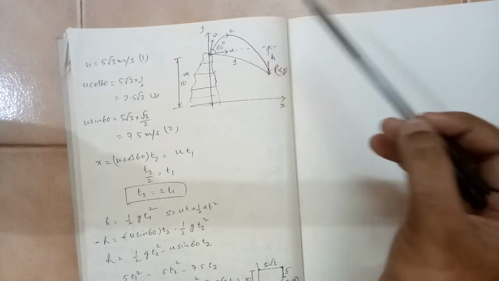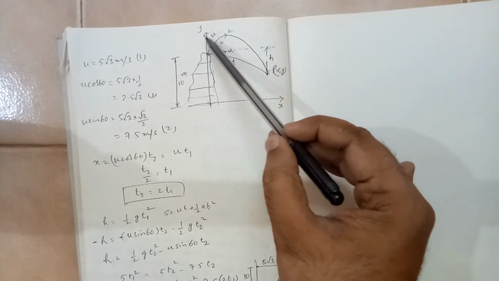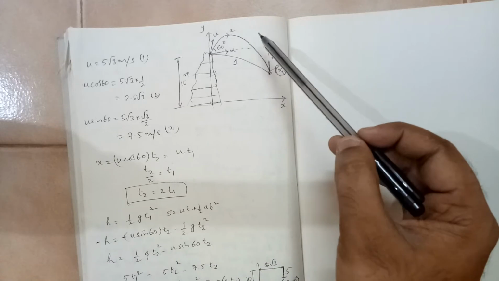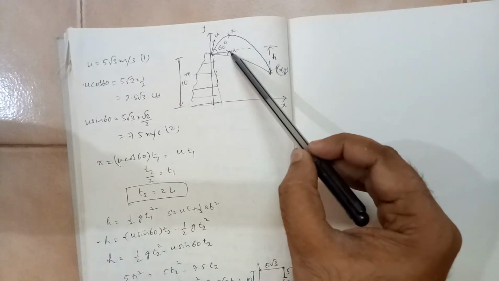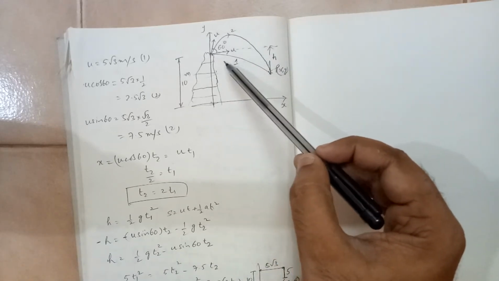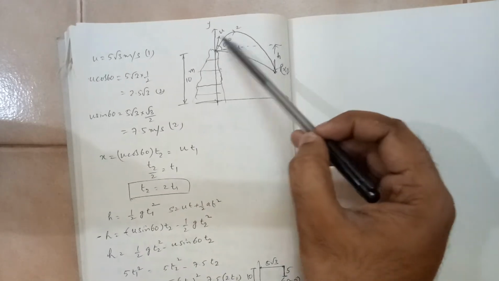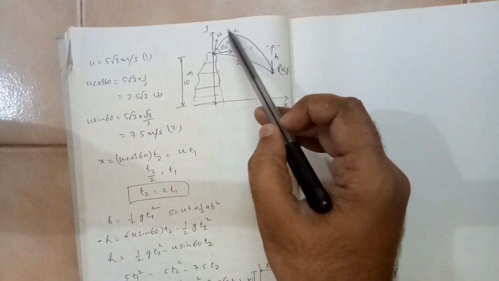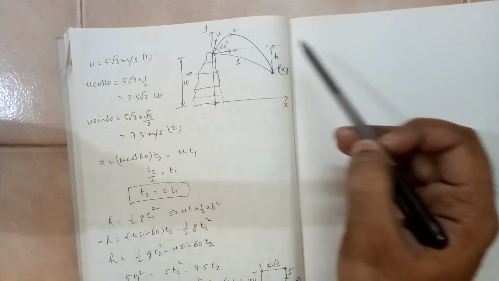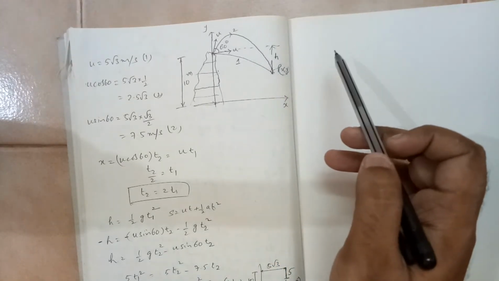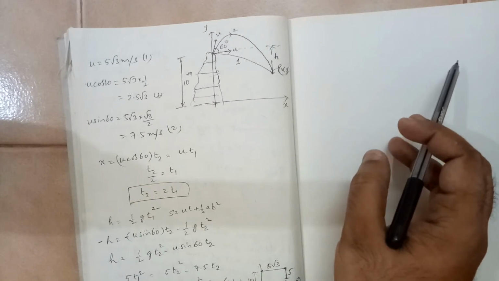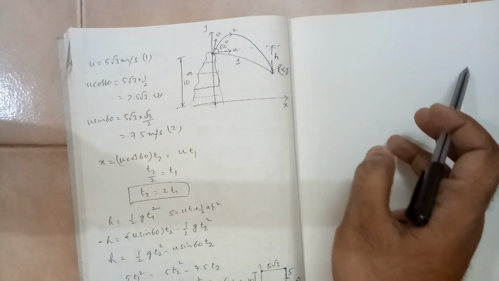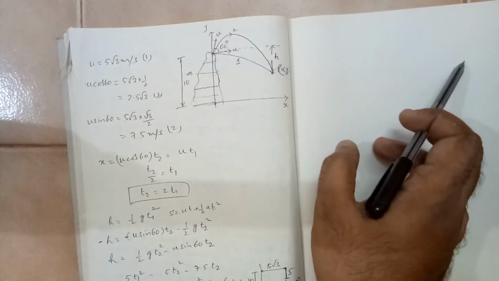Obviously, if you fire both at the same time, they will never meet, because the one fired horizontally will fall to the ground earlier than the second. This is the second bullet and this is the first bullet. Actually both are free fall, which we have discussed in previous videos.